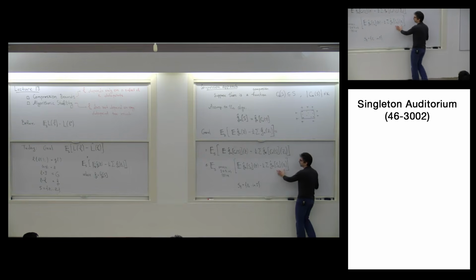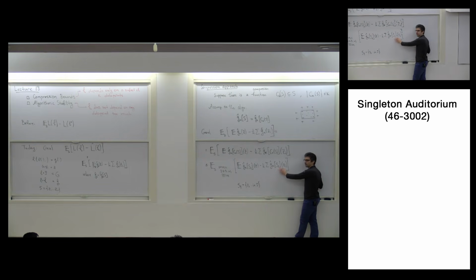Except I have to deal with those elements where Zi does enter in Si. But there are only k of them. So I'm going to assume that the loss functions are bounded.